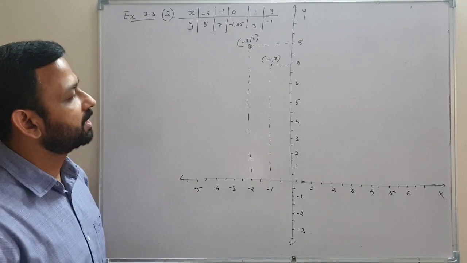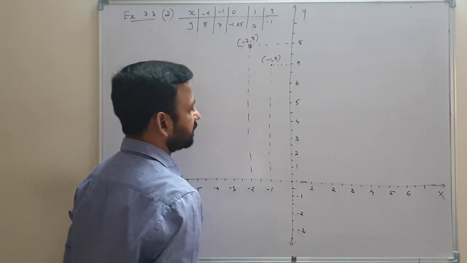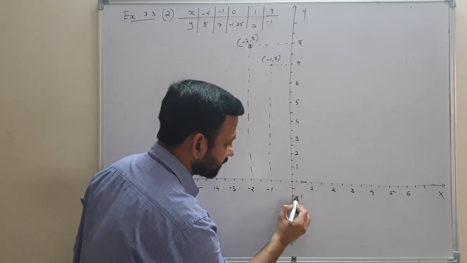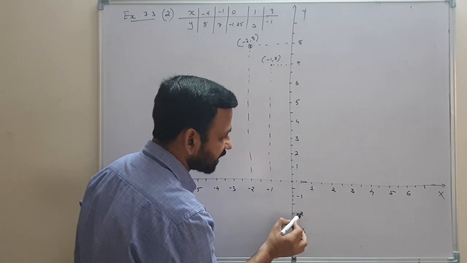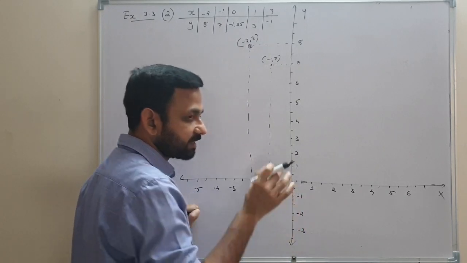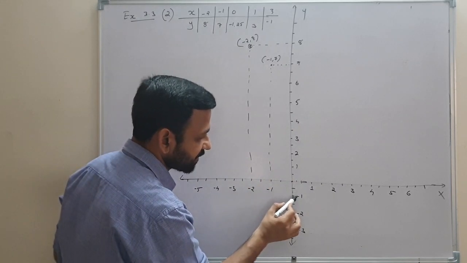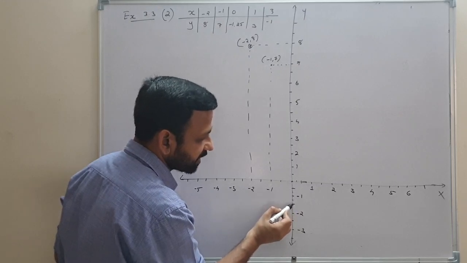Then 0, minus 1.25. This is the origin, 0. Then this is minus 1 and this is minus 2, and between minus 1 and minus 2 we have 10 small divisions.